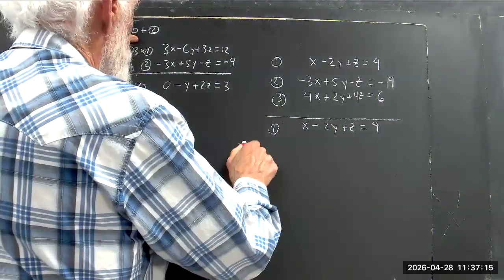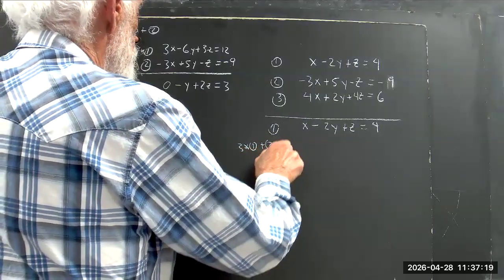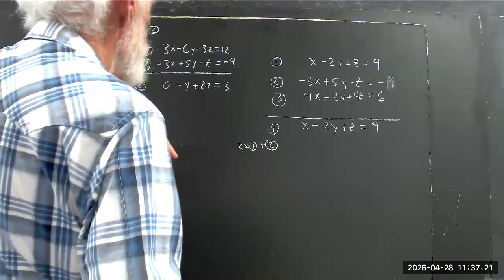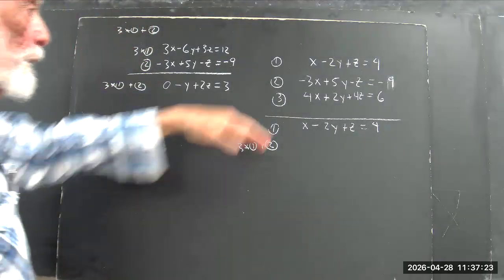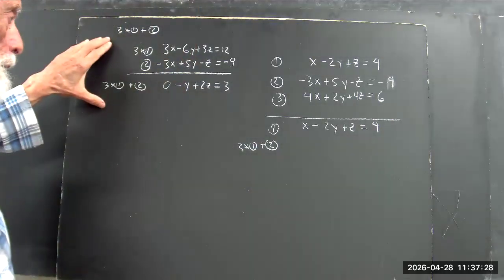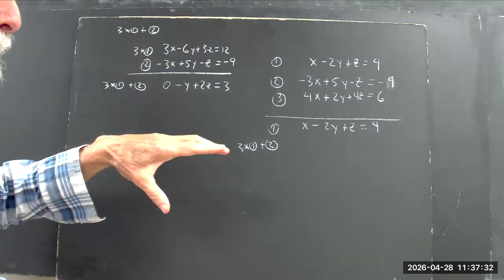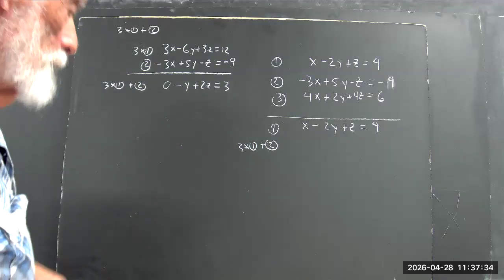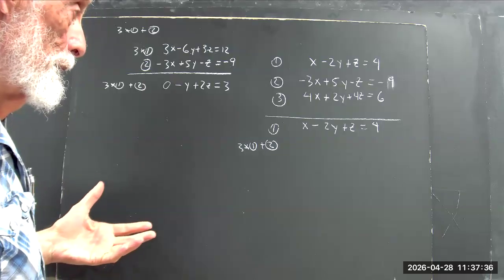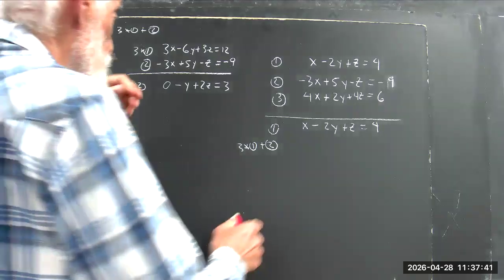We've done that by multiplying 3 times equation 1 and adding it to equation 2. That's what we've done over here. We don't do that underneath. We keep everything lined up, and we do the side calculations off to the side. Now, you can do it a different way if you want. And if you get it right, it's okay. But I think you're going to see it much better if you do it the way I'm saying.